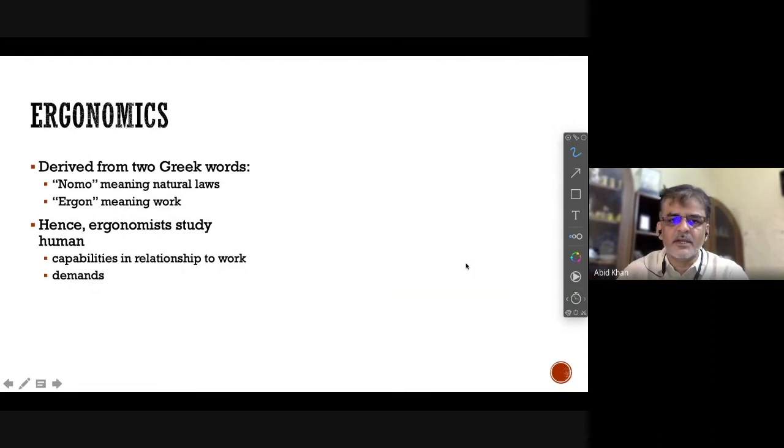This I have already explained to you. Ergonomics means science of work, or working laws: nomos means natural laws, and ergonomics means work, the capability in relation to work design.